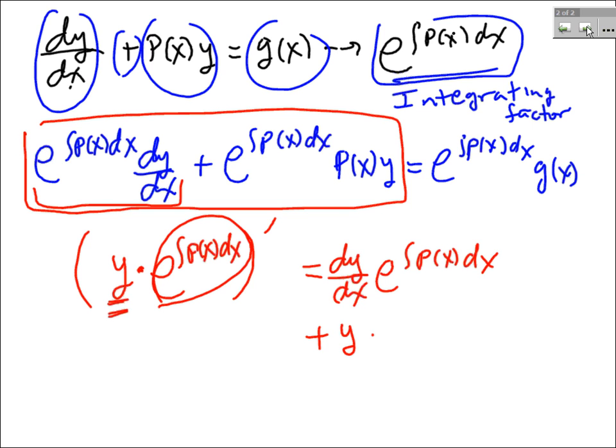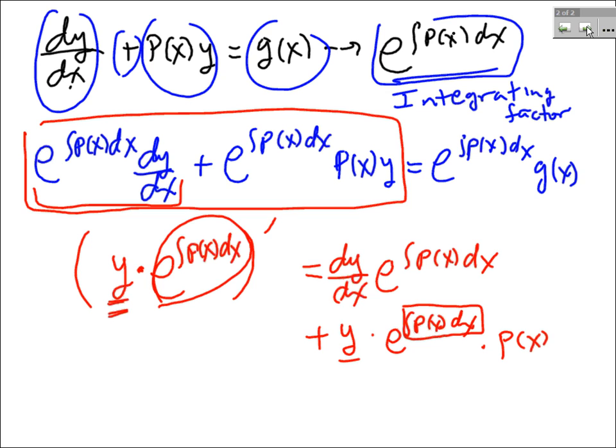The derivative of e to any function is e to that function, and the function happens to be an integral, I don't care, times the derivative of that exponent, which is just p of x. The derivative of the integral of p of x dx is just p of x.